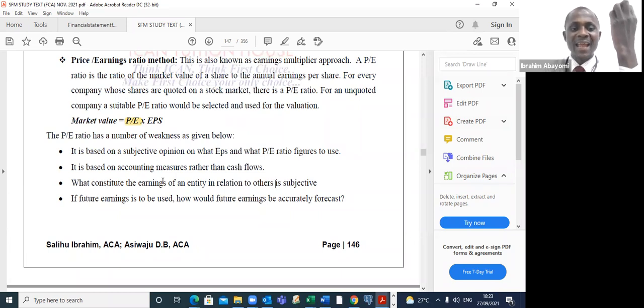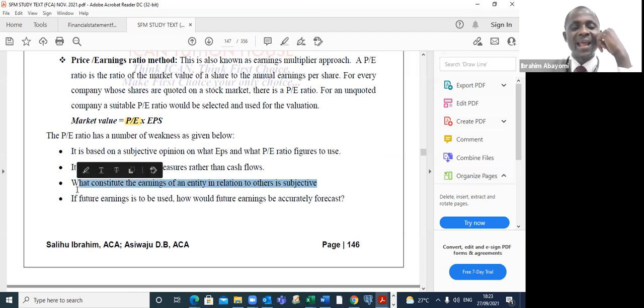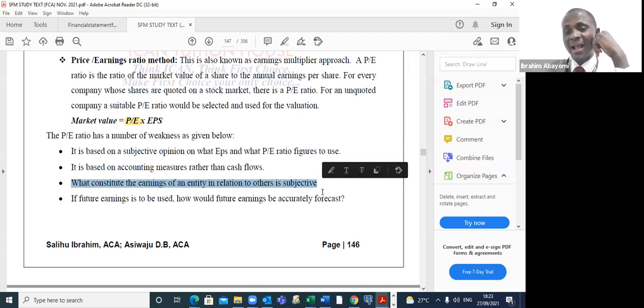What constitutes the earnings of an entity in relation to another is subjective. When I say earnings, the composition of my earnings may vary from the composition of your own earnings. I can have my earnings from normal activities, other comprehensive income, other income, all those things. That's a part of my earnings. So the definition of earnings is not specific.